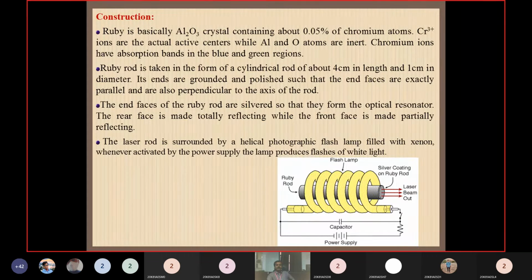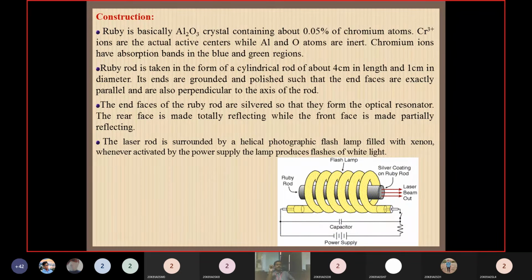Construction of the ruby laser. Ruby is basically an Al2O3 crystal containing 0.05% of chromium atoms. So in the ruby rod, which is an alumina rod, we dope just 0.05% chromium atoms, Cr2O3.